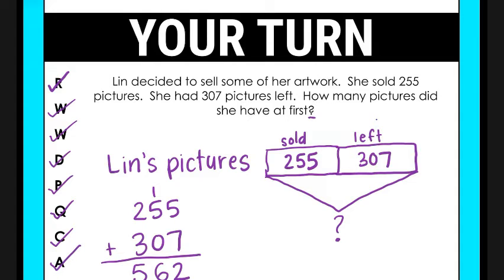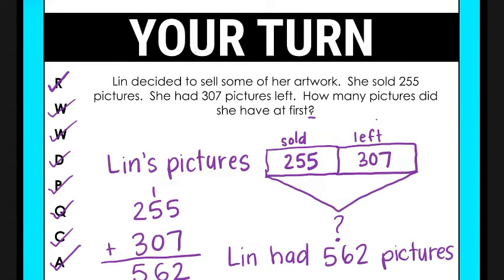Let's check off our A for our answer, but we're not done yet, are we? We need to make sure we do our last step, which is our sentence. So I like to look back at my question. How many pictures did she have at first? I'm going to turn that around, so I will say, Lynn had 562 pictures at first.